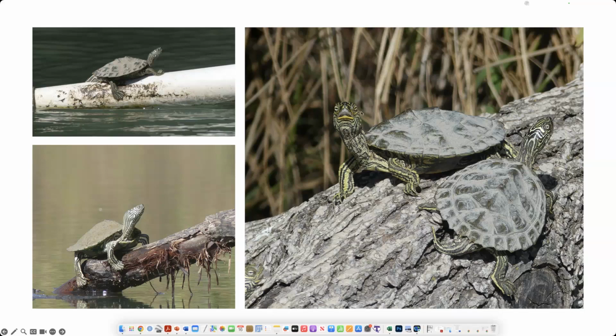Also, you see on this other guy this transverse white bar below the chin, this mandibular bar. This is a unique characteristic for Cagle's map turtle that differentiates it from other map turtles occurring in Texas, which generally have mandibular spots or ocelli.